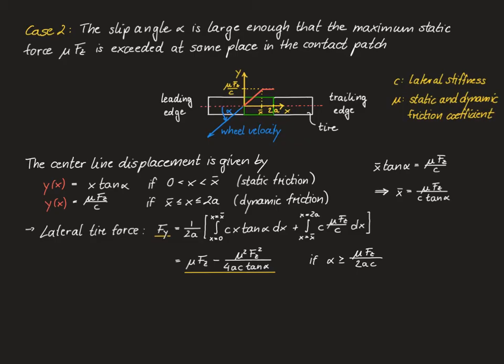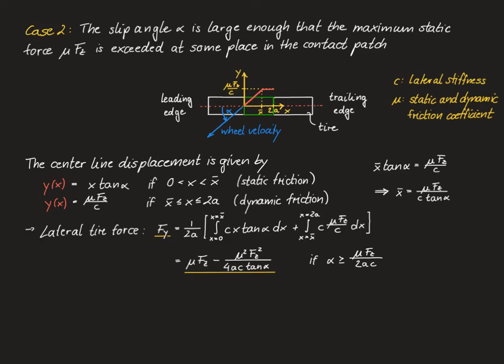And if we calculate the values of these integrals, we get this result, which holds if alpha is greater than or equal to mu Fz divided by 2ac. And this in turn comes from the fact that alpha has to be large enough such that the displacement has at least this form. So in other words, we have to substitute 2a for x bar here. And then we do again a small angle approximation for the tangent to get to this formula.